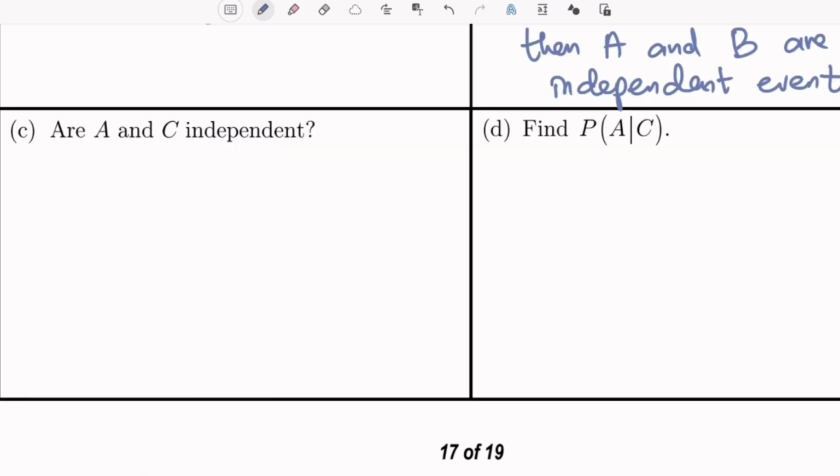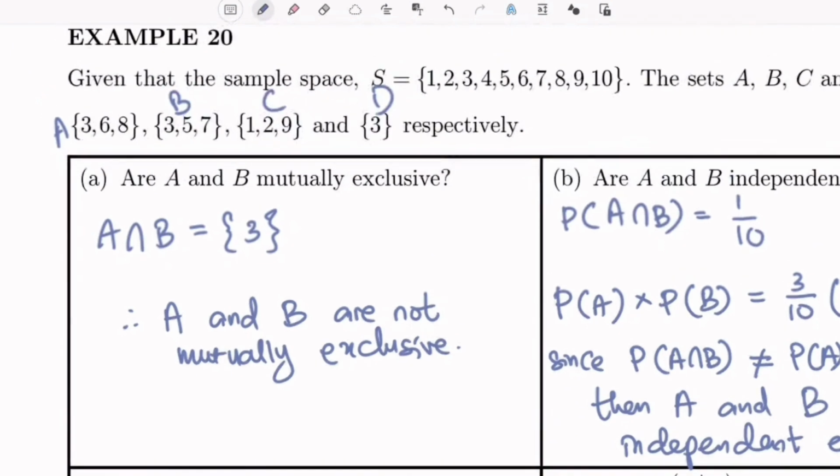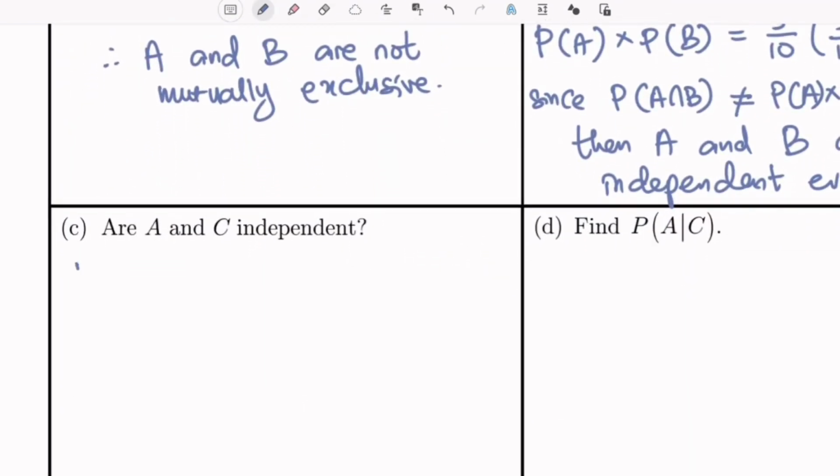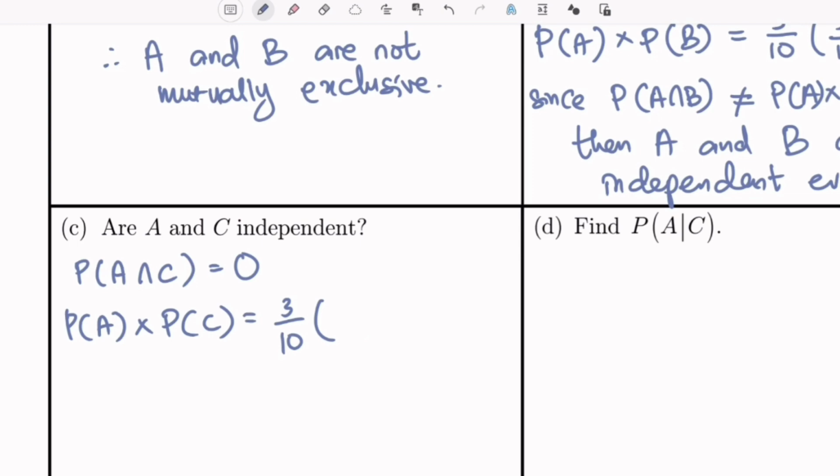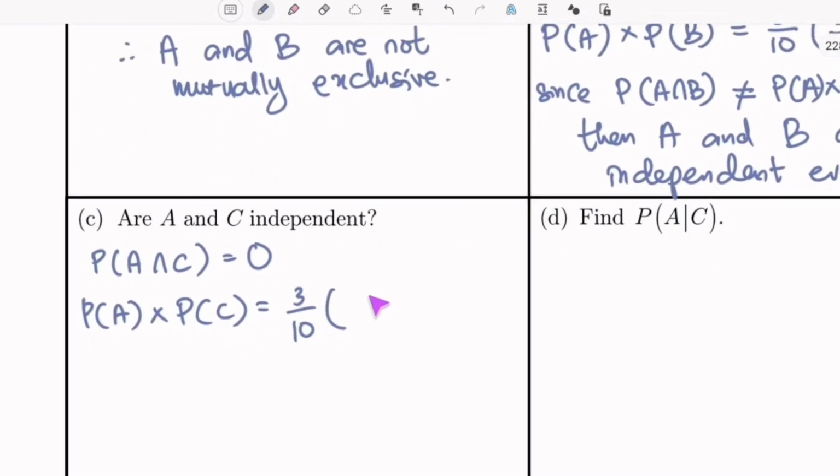Question C, are A and C independent? If you look at the elements of A and C, you can see that there is no intersection between them. So the probability of A intersect C equals 0. And then PA times PC equals 3/10 times 3/10, so that is 9/100.